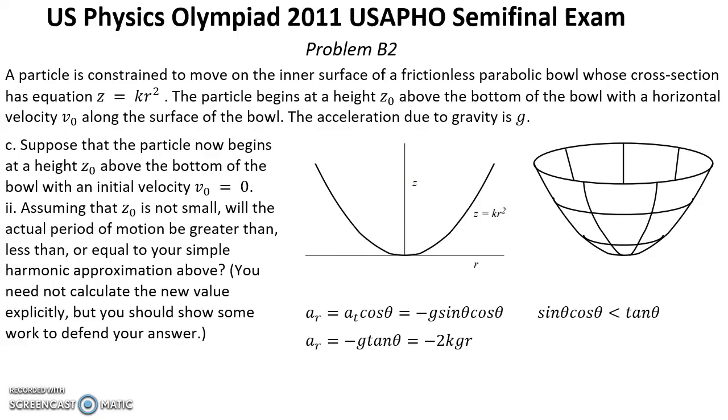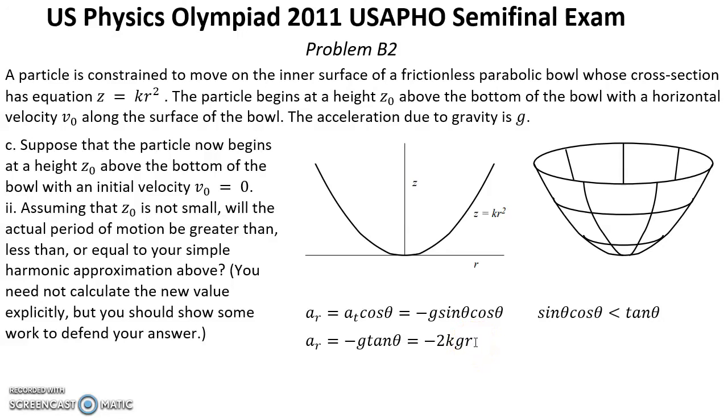Solution. We already found that the radial acceleration equals tangential acceleration multiplied by cosine theta, which is equal to negative g sine theta cosine theta. But only in the case of ar equal negative g tangent theta, which is equal to negative 2kgr, do we have perfect simple harmonic motion.